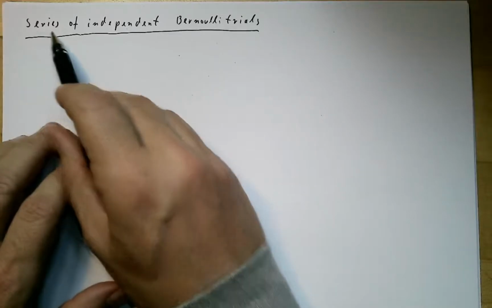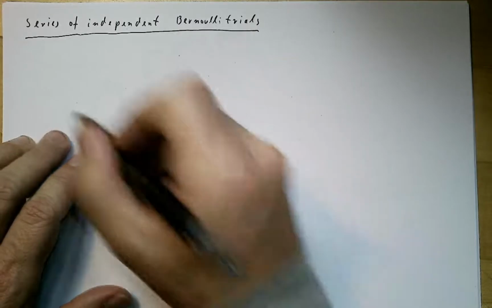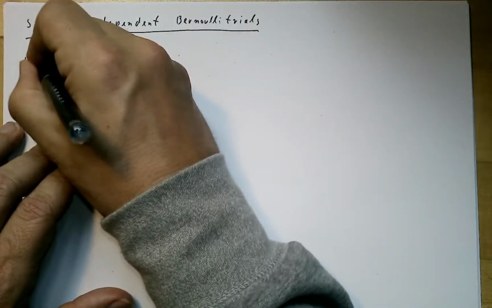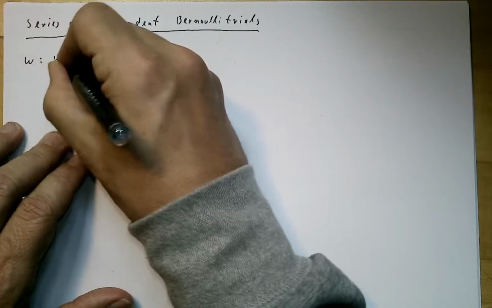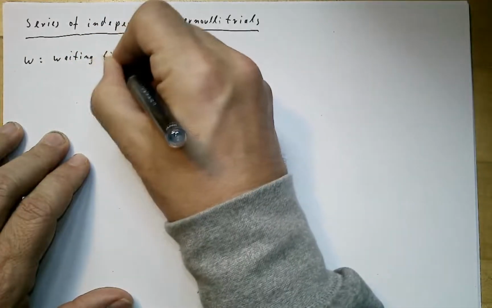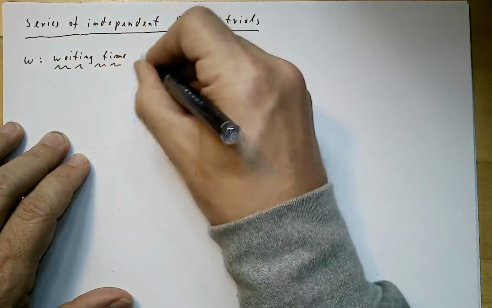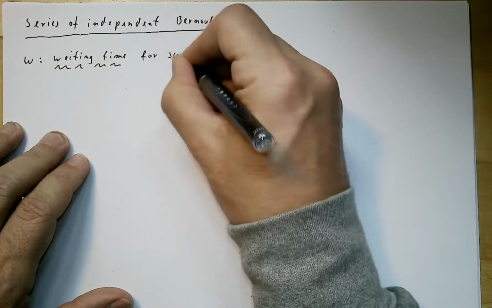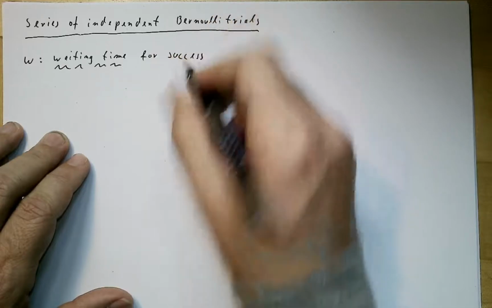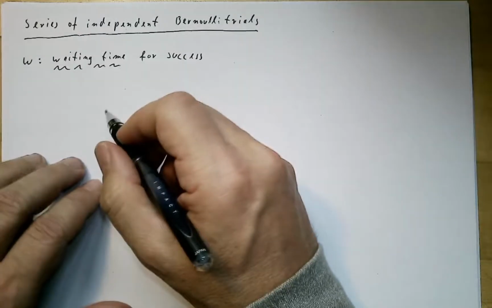So assume now we have a series of independent Bernoulli trials, and we want to calculate this W, the waiting time for success. And success is that the outcome of the Bernoulli trial is 1.